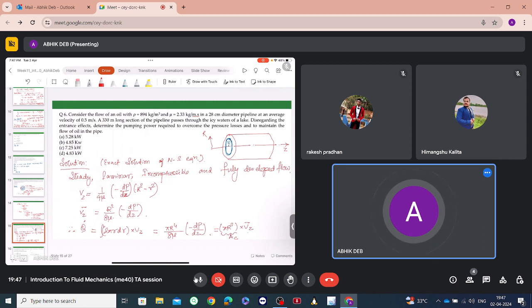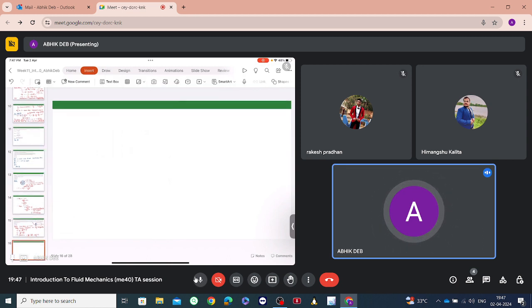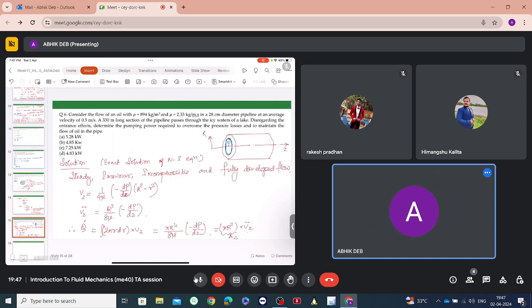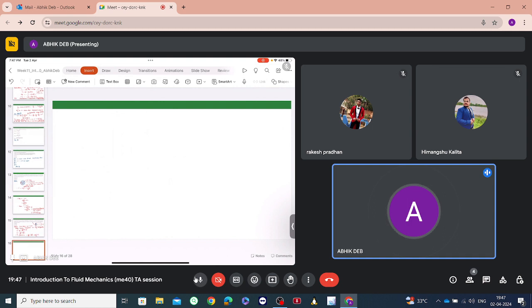Okay, now from this equation we have been asked to determine the pumping power. So the pumping power is equal to actually the pressure difference multiplied by the discharge rate. What is the pressure difference?